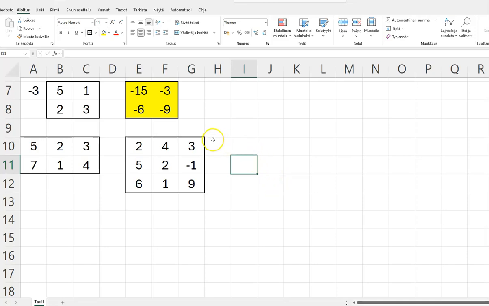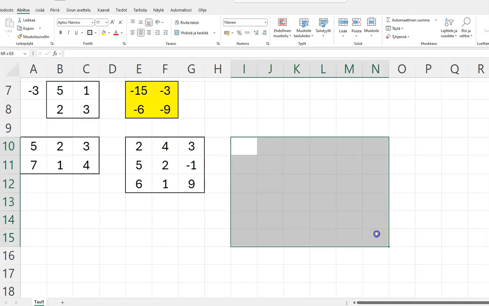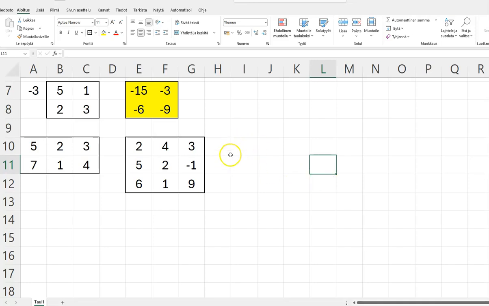And now when I use Excel, I need to know the dimension of the product matrix, because I need to take a space from this sheet, so in which part of this spreadsheet I will get the result. This matrix is 2 by 3, and this matrix is 3 by 3.